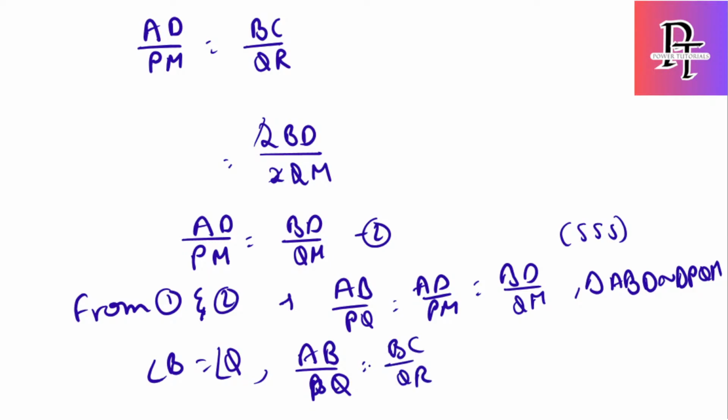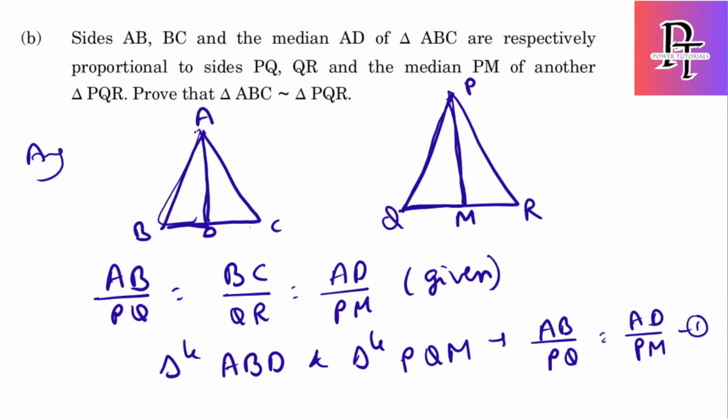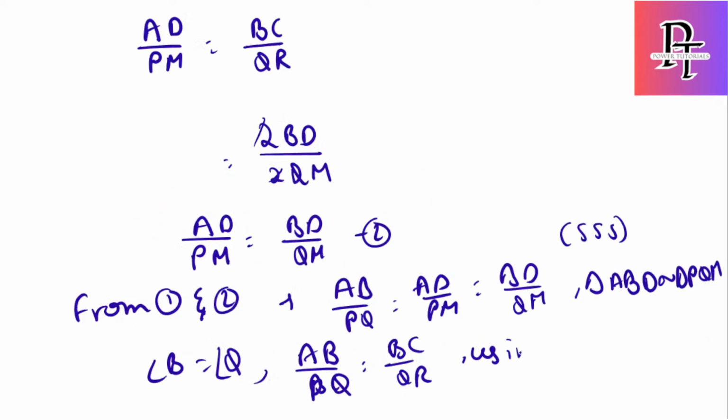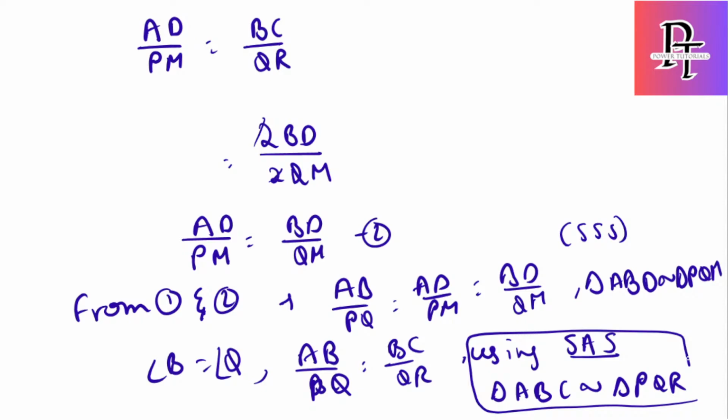Two sides are proportional and the respective angle. So if these two sides are proportional, then this angle and this angle are also equal. Then I can say using SAS criteria, I can prove that triangle ABC is similar to triangle PQR. So this is important. At the same time, here also I can say that using SSS criteria, these two triangles are similar. So these 2 points I kept in boxes so that the invigilator can directly see the boxes.